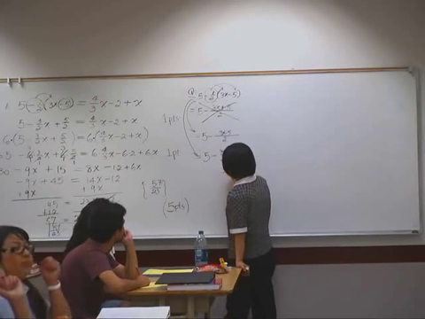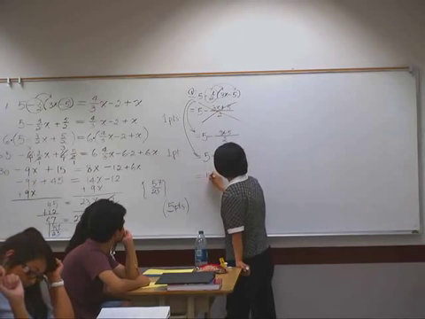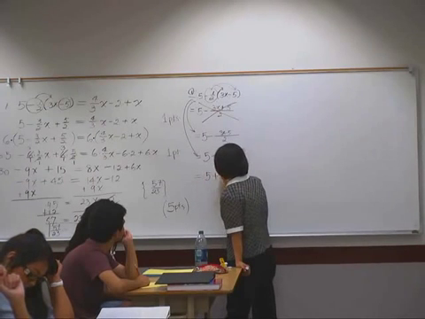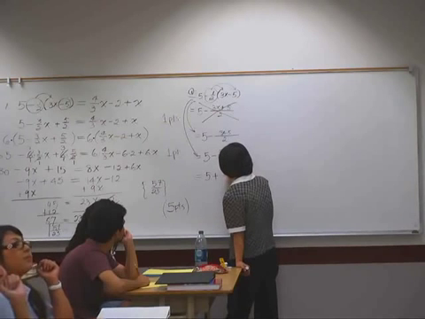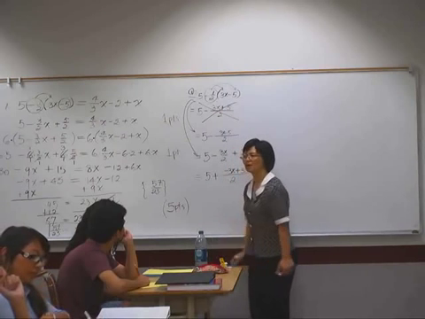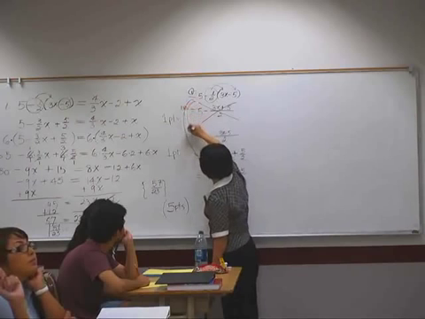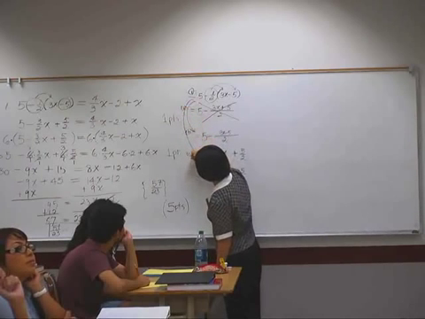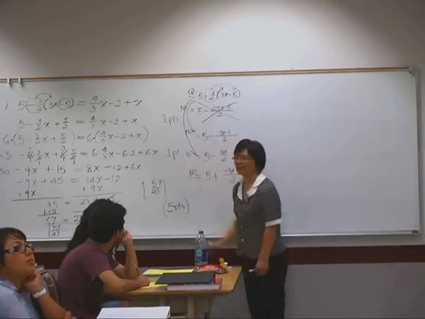So if you want to combine these two fractions, then you will write it as 5 plus, 2 is the common denominator, and then the numerator is negative 3x plus 5. Are you with me? This is A, B, C, and D. I can ask you which one is equivalent with that.